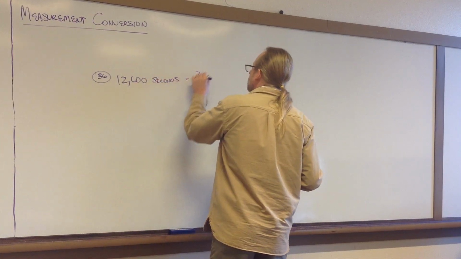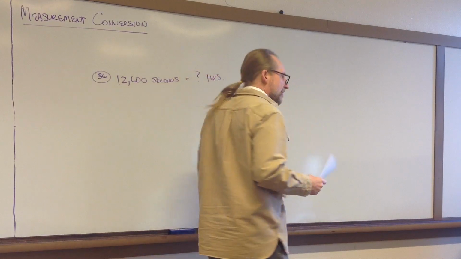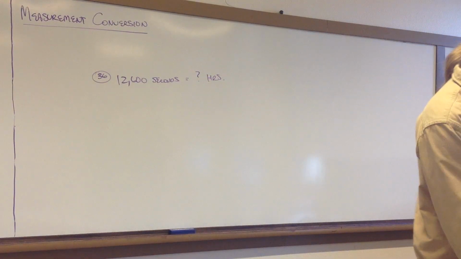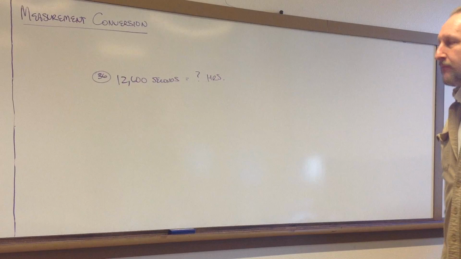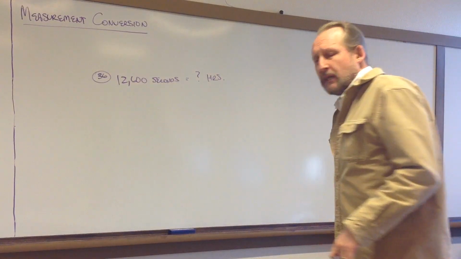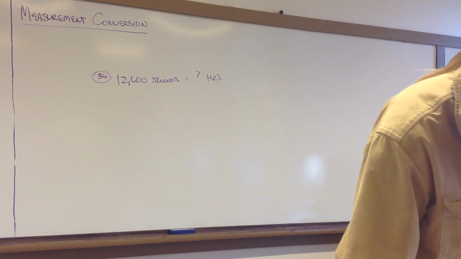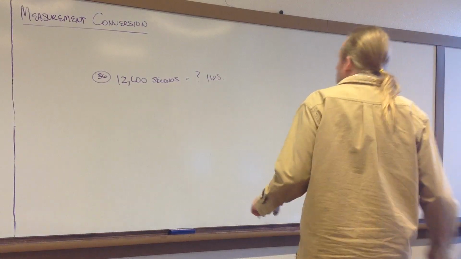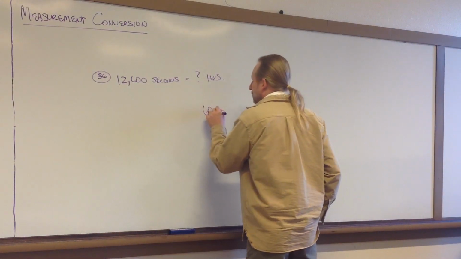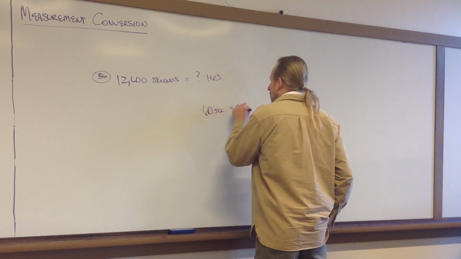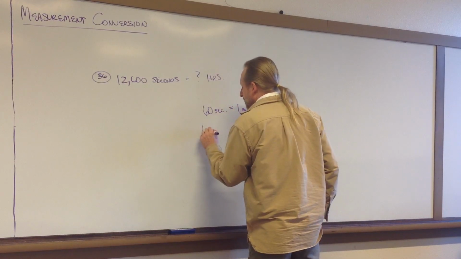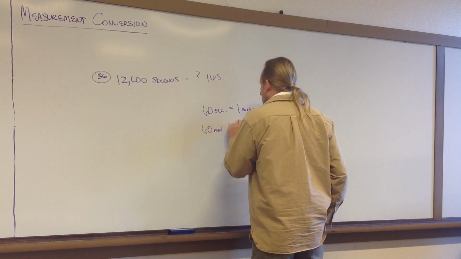And we want to convert that into hours. Okay. So if you look at your conversion sheet, what we've got is, 60 seconds is 1 minute. And 60 minutes is 1 hour.